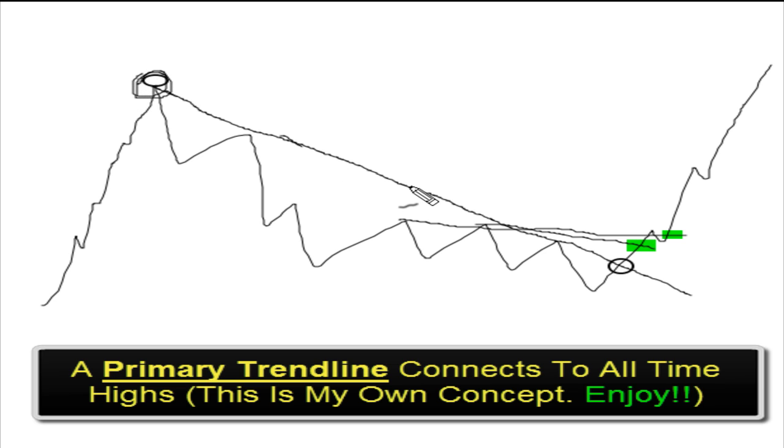They tend to give very powerful moves as opposed to other trend lines. Remember, we are looking at a long-term monthly chart, so you are taking into consideration a stock's behavior over a period of many years, over a period of many months. So that's why I call them primary trend lines. Very powerful.